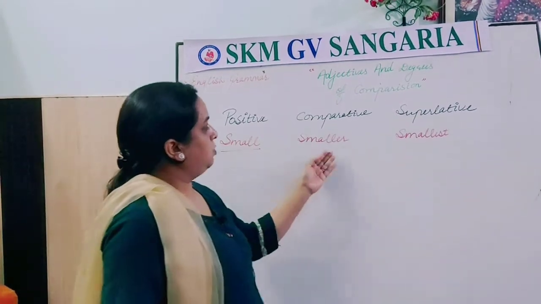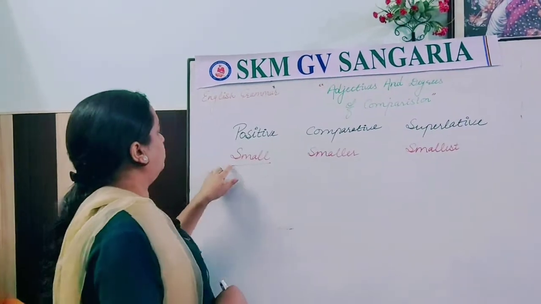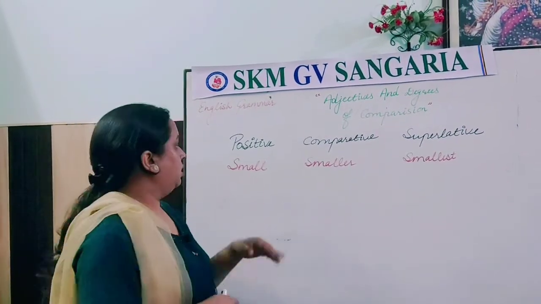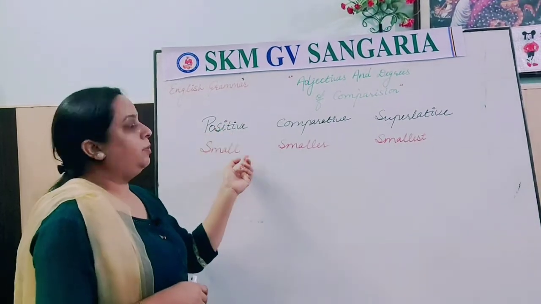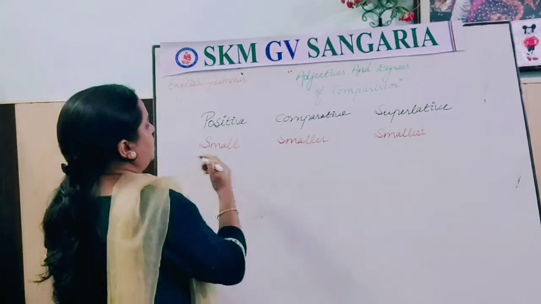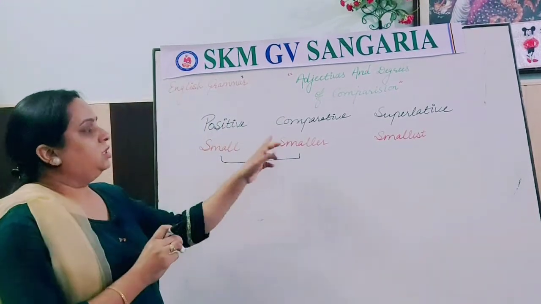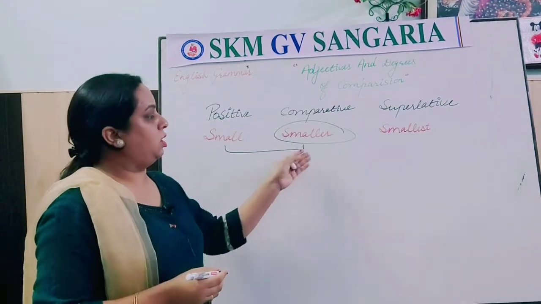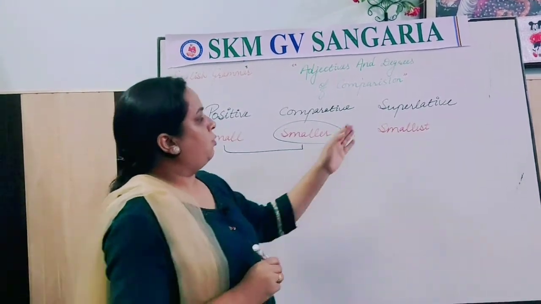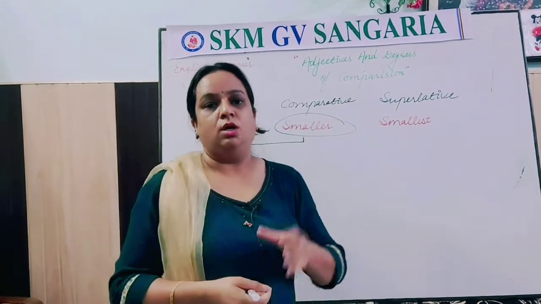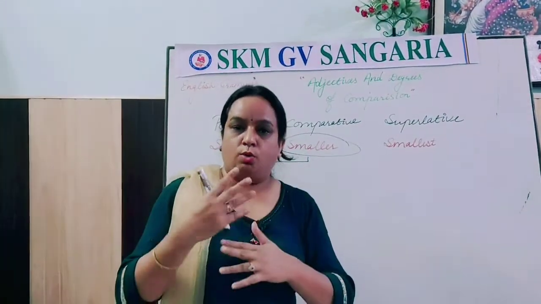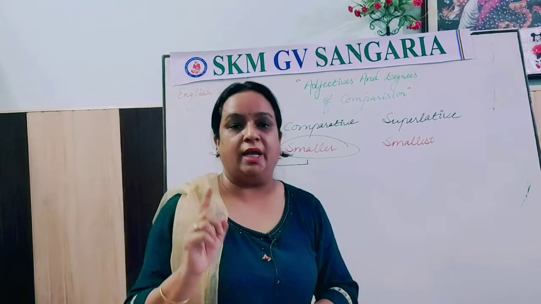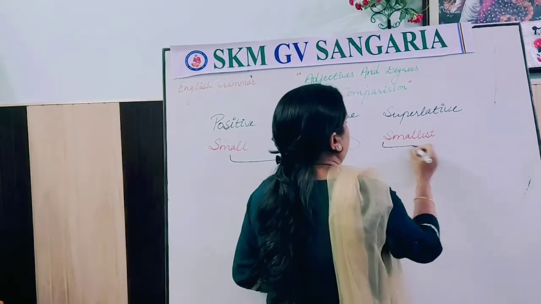So small, smaller, smallest. When we talk about only one thing without comparing with any other thing, that is called positive degree. When we are comparing two things, the degree which we have to use is smaller. Like I said, the pink bottle is smaller than the yellow bottle. And when we have to talk about one thing out of more than two, or three or four or many, there we will use the superlative degree, and that is smallest.